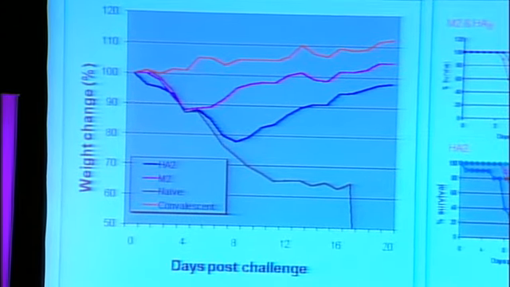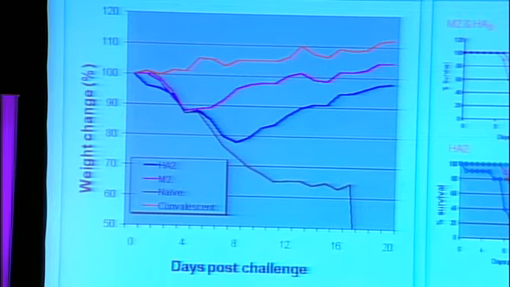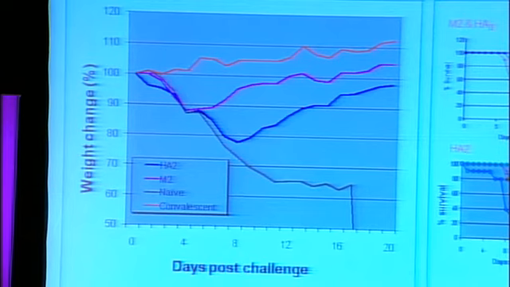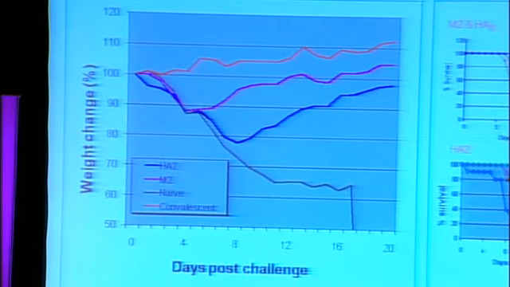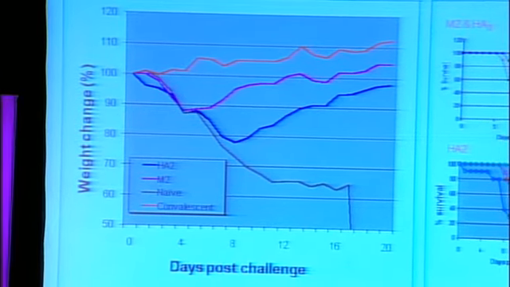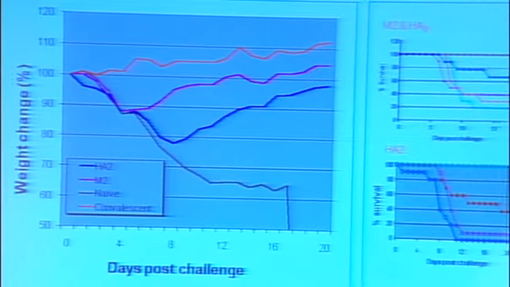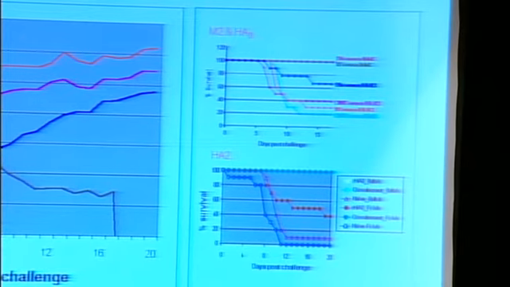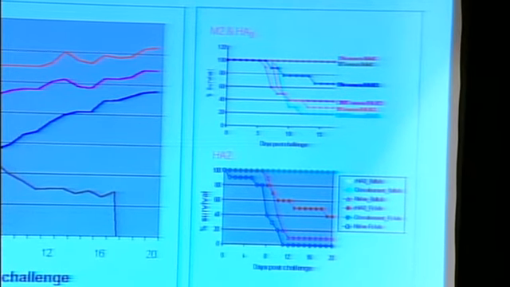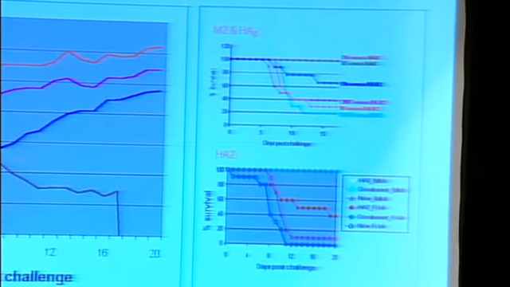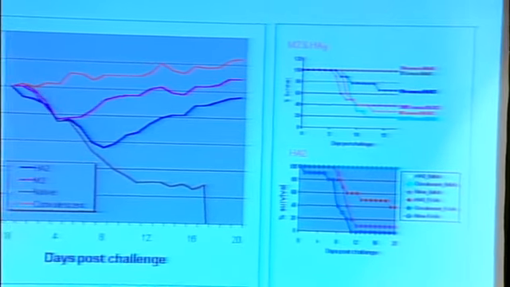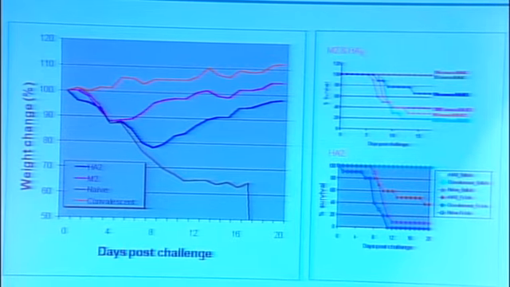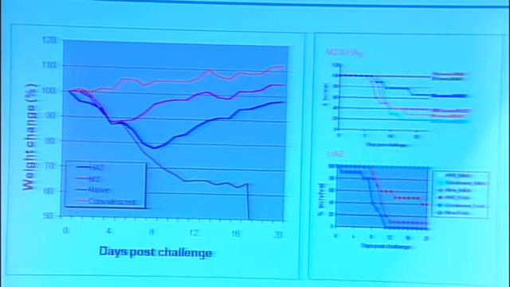If these are convalescent mice, when they receive the challenge, they don't really lose any weight. Actually, they gain weight. We do not have data in this particular slide, but if you immunize with a homologous matched HA vaccine, this is what you will see. Whereas the mice immunized with M2 or HA0 lose significant weight. So they don't really achieve the same level of protection as the matched vaccine.